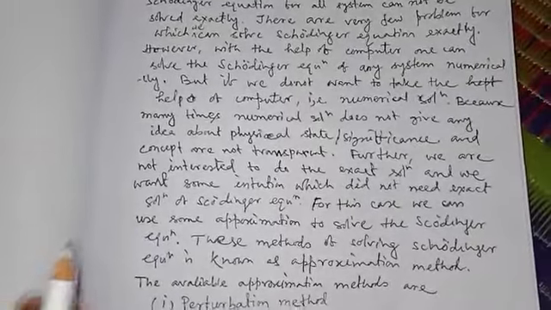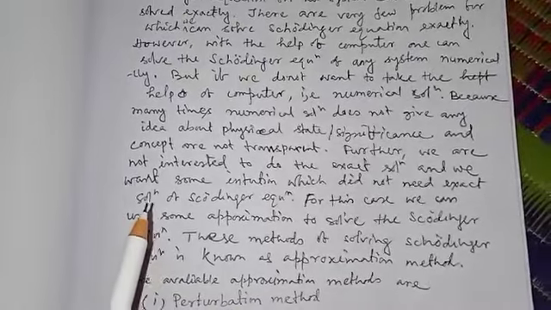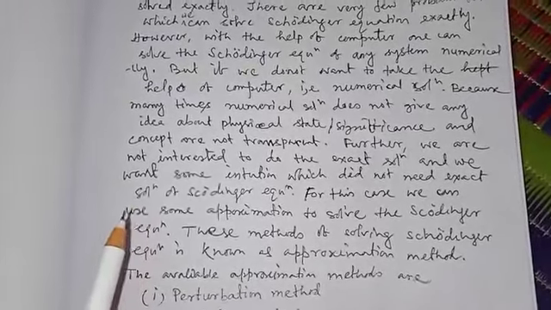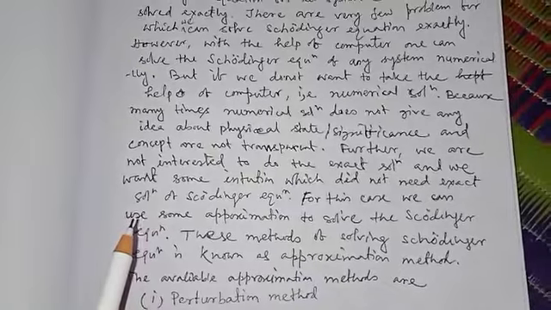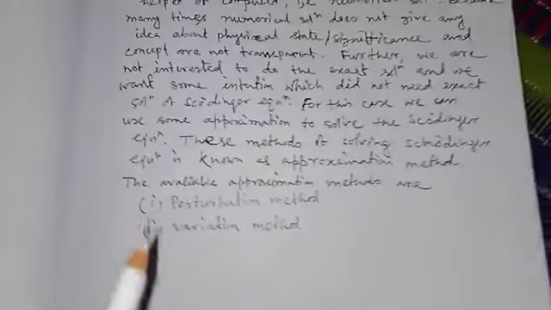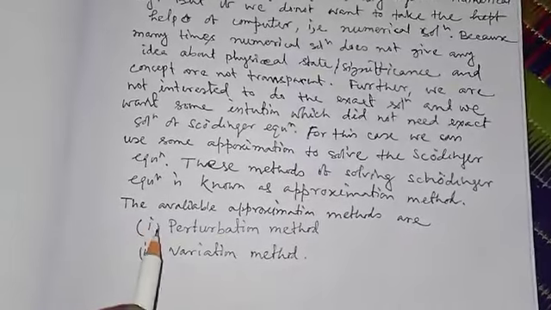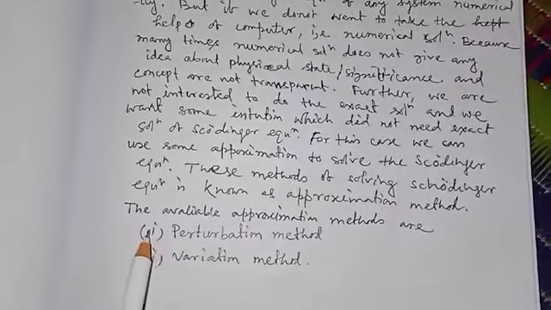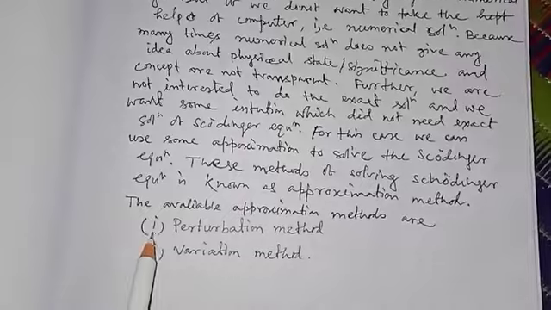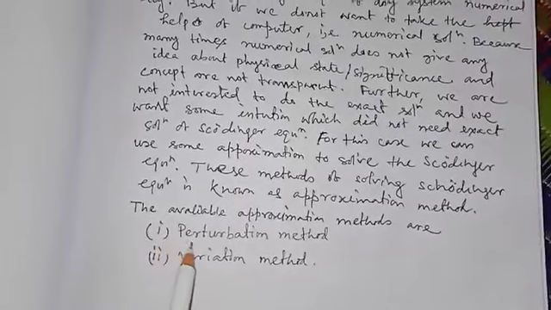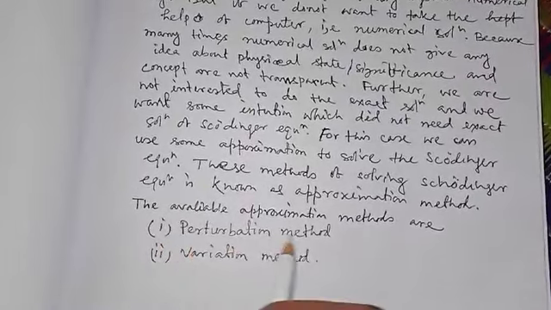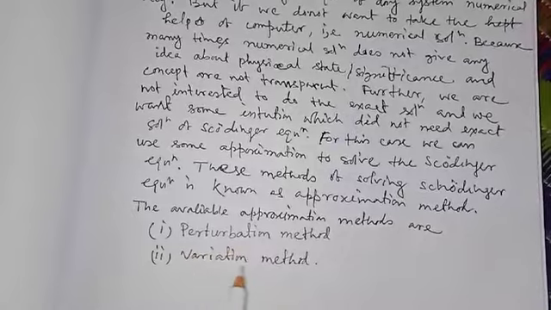So we chemists take the help of approximation methods to solve the Schrodinger equation of a complex system. The approximation methods extensively used in quantum chemistry are, number one, the perturbation method, and number two, the variation method.